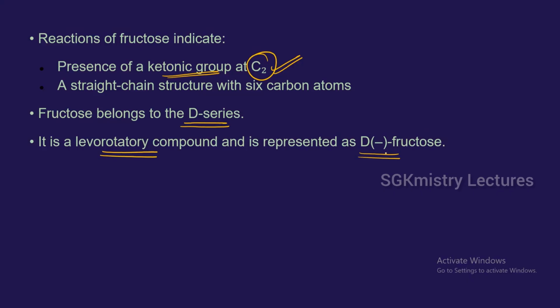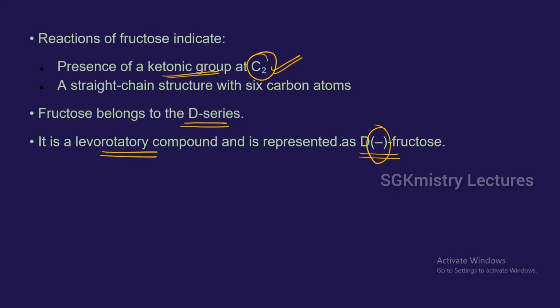If the solution of the compound rotates the plane of the polarized light towards the left, then we call that compound a levorotatory compound. So fructose is a levorotatory type, so that's why we call it minus. So we represent it with minus, whereas if any compound is dextrorotatory, we represent it with a plus sign. Here, since it is levorotatory, this particular minus sign is used for fructose.